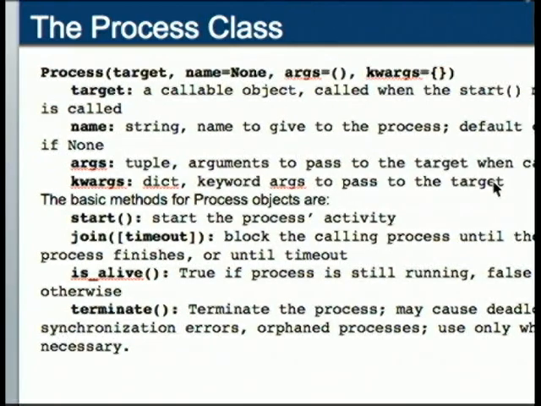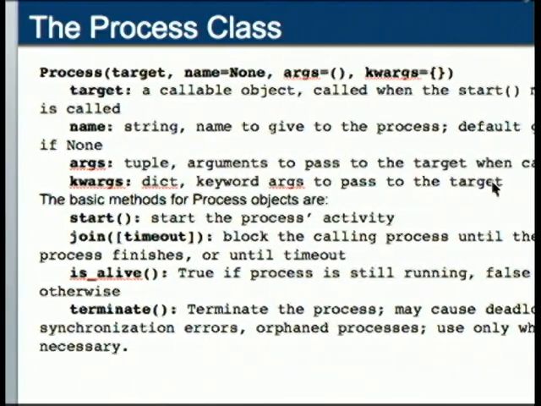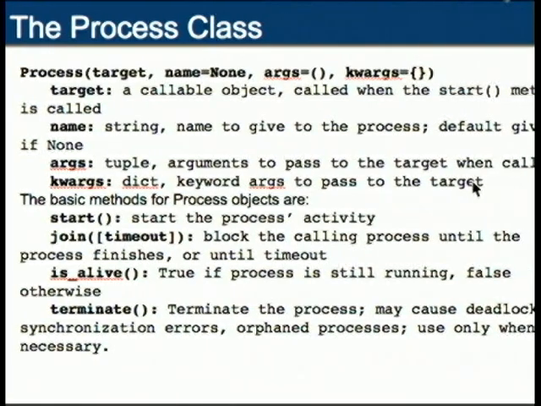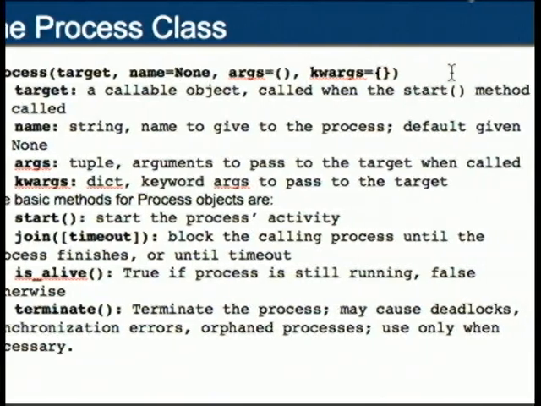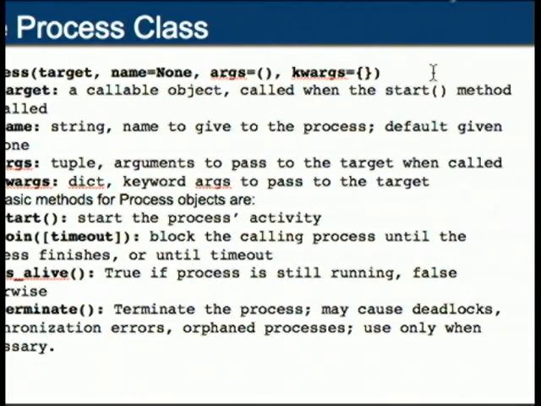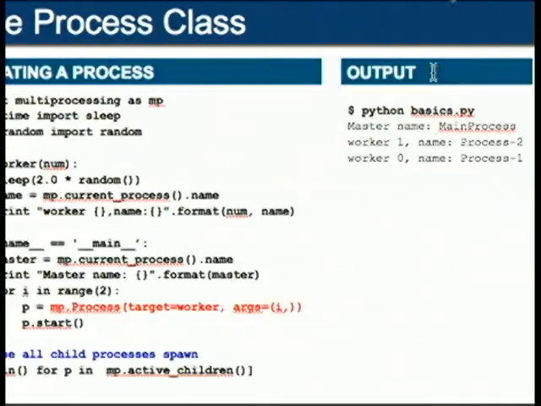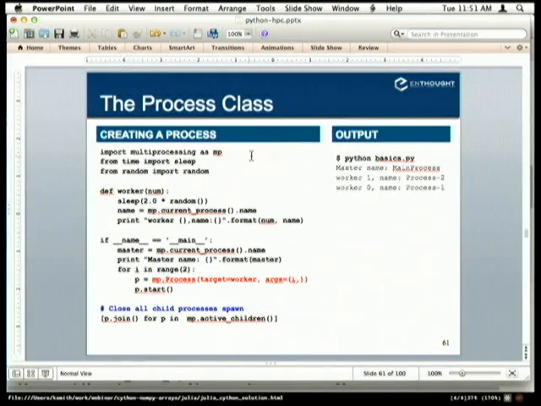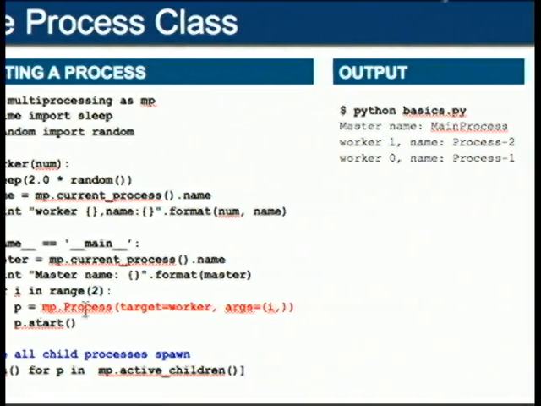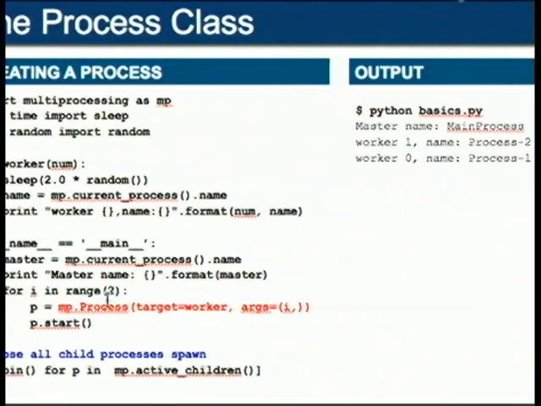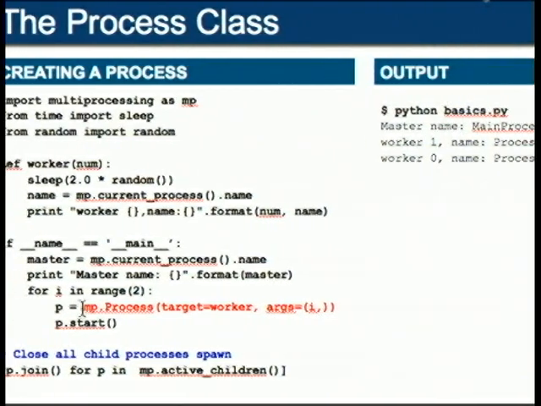The core of multiprocessing is the Process class. We won't be going into this in great detail, but this is just to show you that you can create a new process, and then you can say process.start. Here's a very, very simple example. We have a worker function that we're going to be calling in separate processes. And here we're actually creating our processes. We're creating 2 of them.